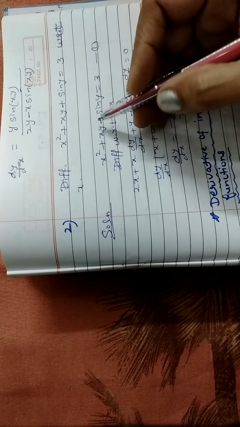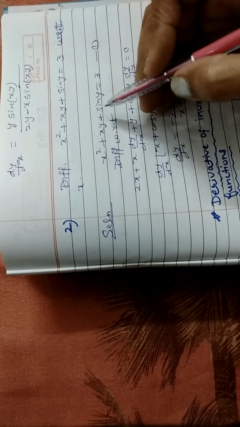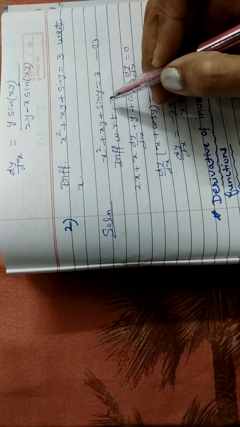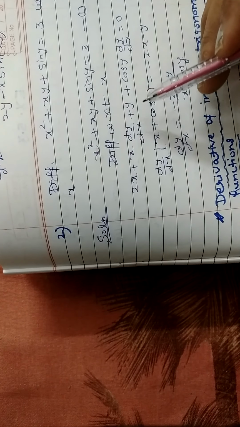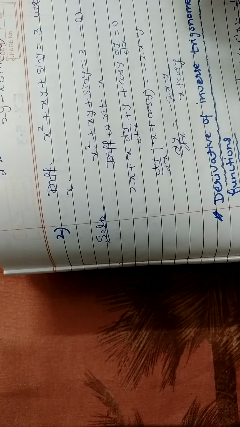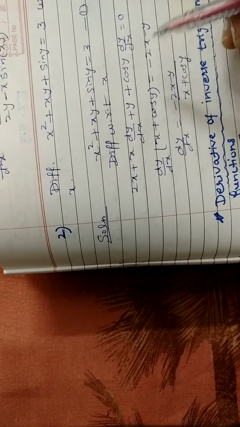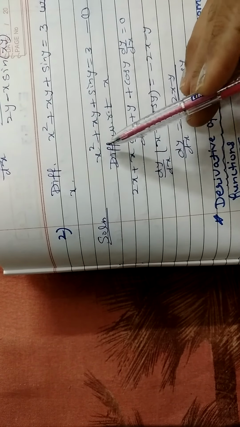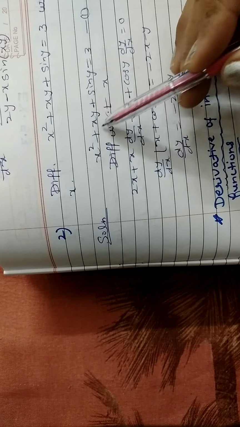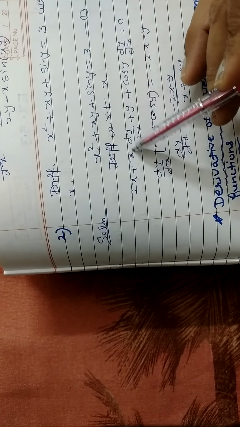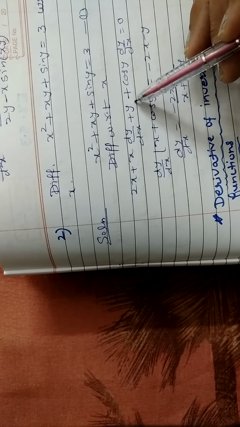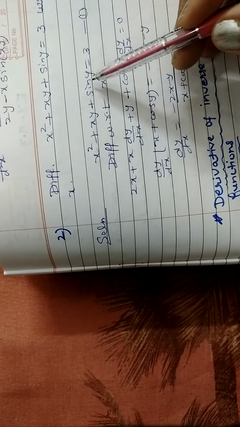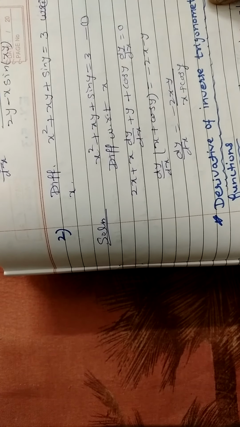Another example, differentiate this with respect to x. So again, let it be equation number 1. So differentiate the whole equation with respect to x. Differentiating equation number 1 with respect to x, what will you get? 2x plus, here you will use the product rule, x as it is, dy by dx, plus y as it is, derivative of x is 1. And what is the derivative of sin y? cos y dy by dx.